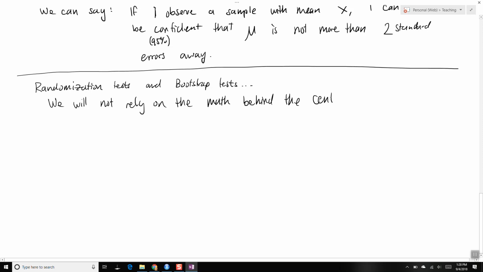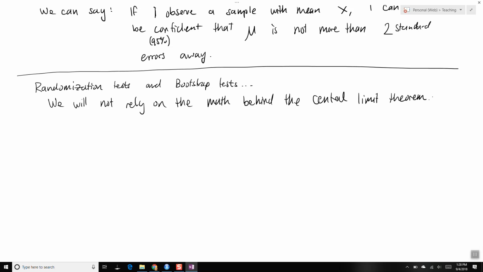There were limitations with the central limit theorem. Do you remember what they were? Could we just go ahead and use the test statistic and the t-test whenever we wanted?